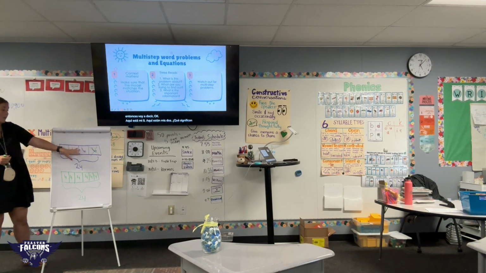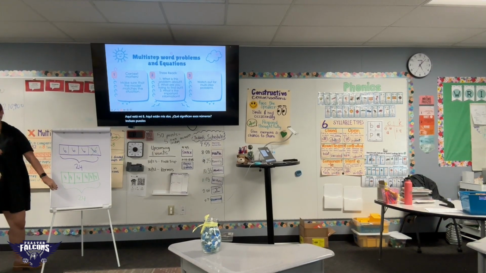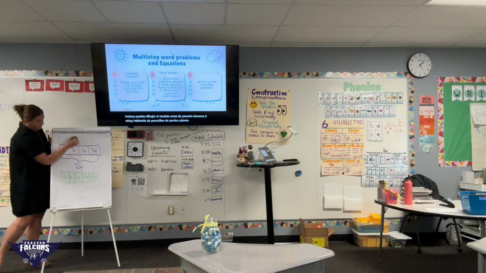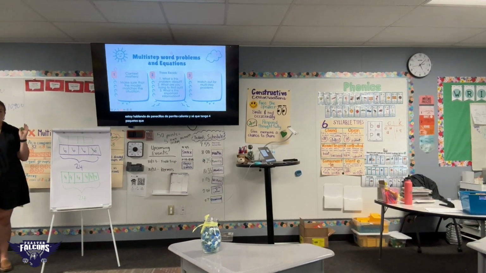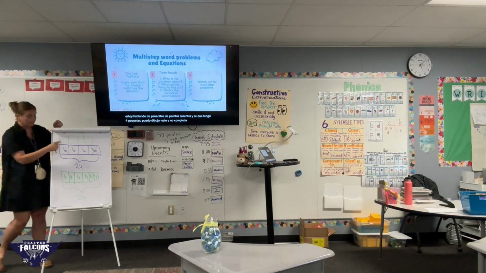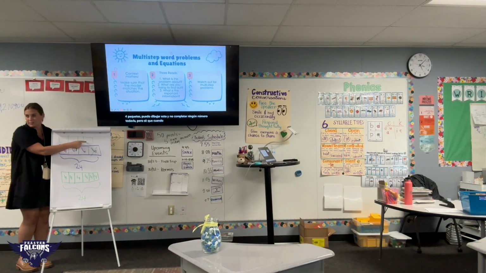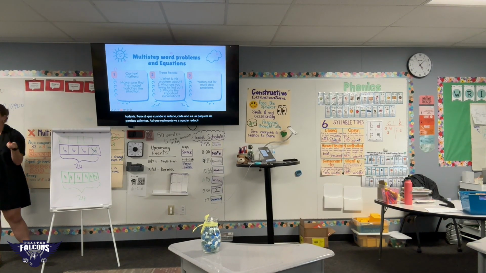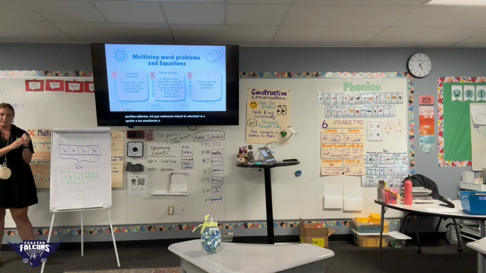And you can even draw the model before you even put any numbers in it. If I'm talking about hot dog buns and I know I got 4 packs, I can draw this and not fill in any numbers yet. But I know that when I fill it in, each one is a pack of hot dog buns. So really, really slowing down is going to help your students be more successful when they start to work independently.